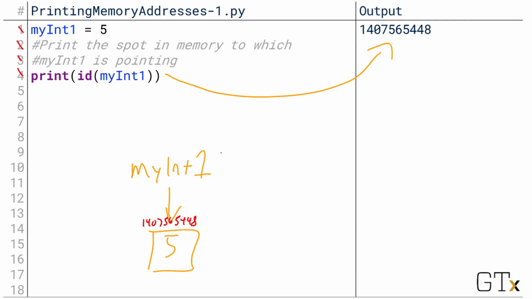To use an analogy, the variable name is kind of like a person's name. The value is kind of like their house, which is where you might find them. And the memory address is like their street address. If I tell you, come visit me at my house, you don't know where to come unless you know my address. You might know my name, and you might know that I have a house, or I have an apartment, or I have somewhere to live, but unless you know the address of where I live, you don't know where to find me.